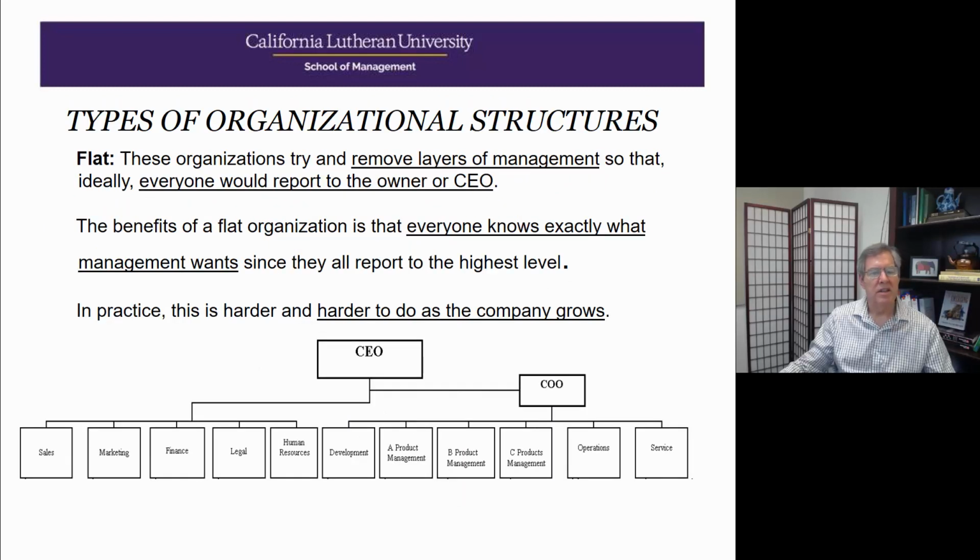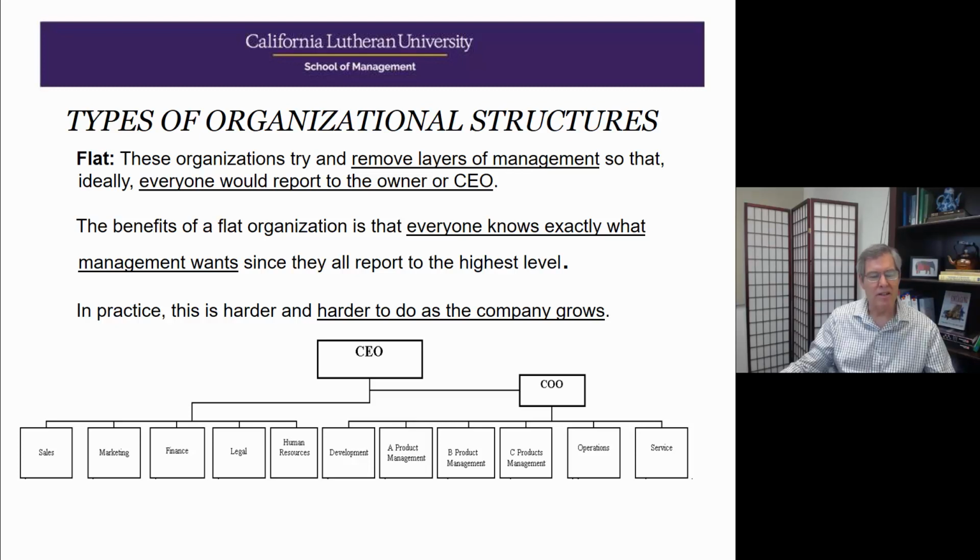The flat organizations. These organizations try and remove layers of management so that ideally everyone will report to the owner or CEO. The benefit of a flat organization is that everyone knows exactly what management wants, since they are all reporting to the highest level. In practice, this is harder and harder to do as the company grows.